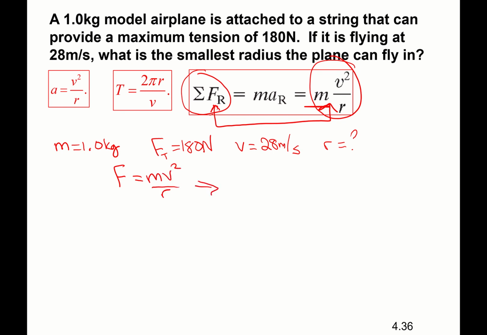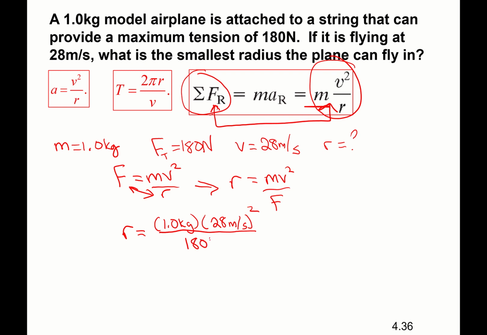And so r, if I rearrange that, I just flip these two with each other, multiply up the r, divide the F: mv squared over F. So now I can put in my numbers. r is equal to the mass, 1.0 kilograms, times v, 28 meters per second, squared, divided by the force, 180 newtons, and I get 4.36.